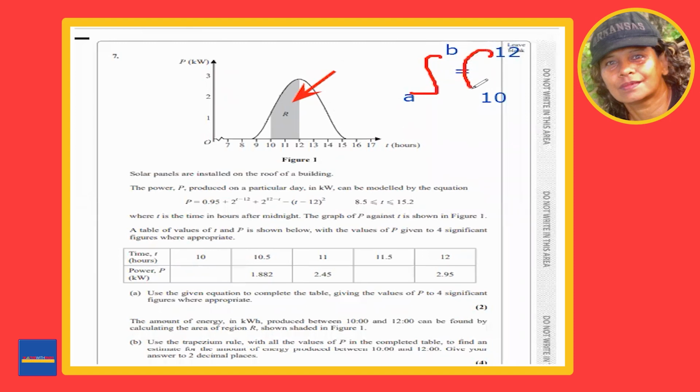So integrating this expression of P from 10 to 12 is going to be the same as using the trapezium rule. And that's why we end up using the trapezium rule. So let's go back to how we evaluate the trapezium rule.